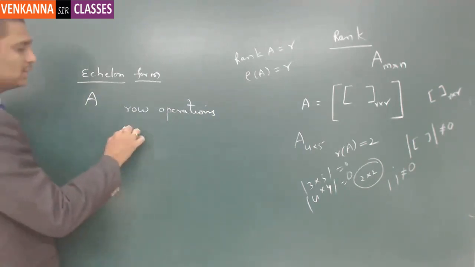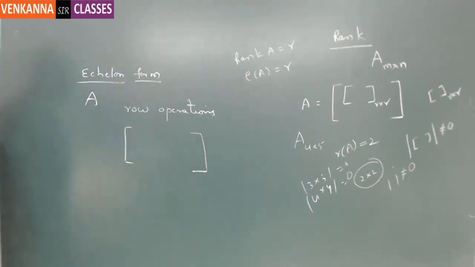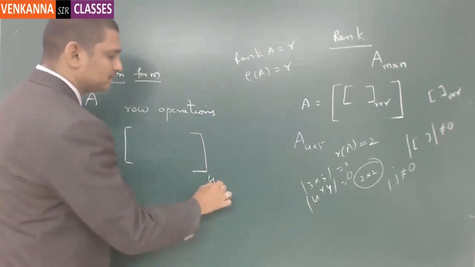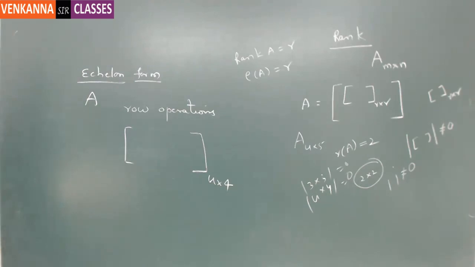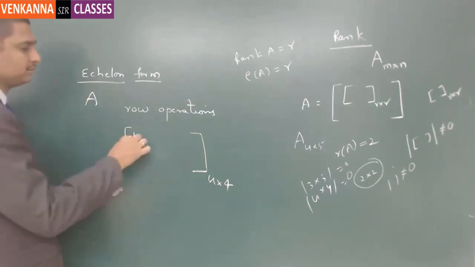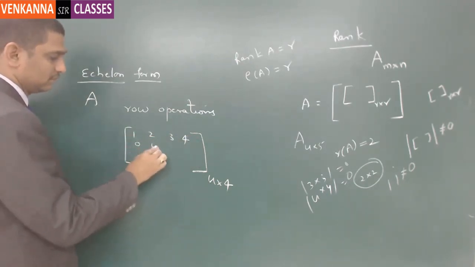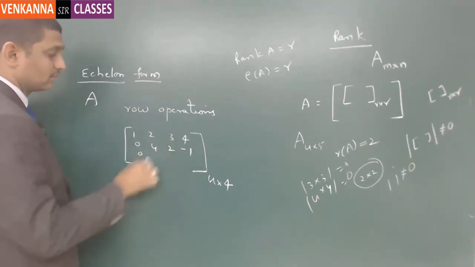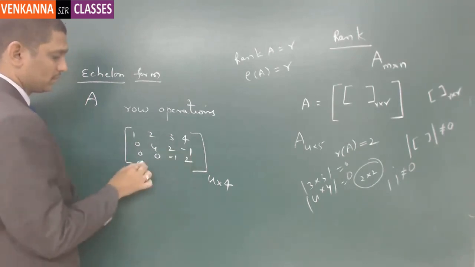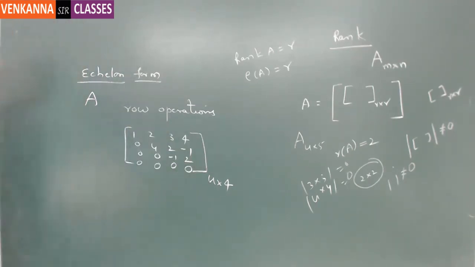For example, suppose I have taken a 4 by 4 matrix. After applying the row operations, it appeared in a form like this. So after applying row operations, some rows will become 0, some rows will become non-zero. Here a 0 row means all the entries in that row are 0.